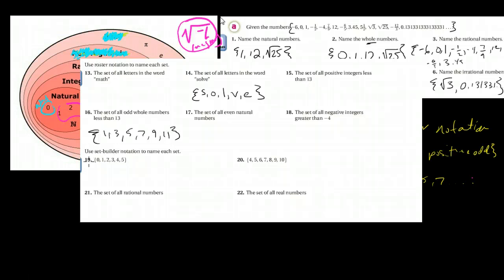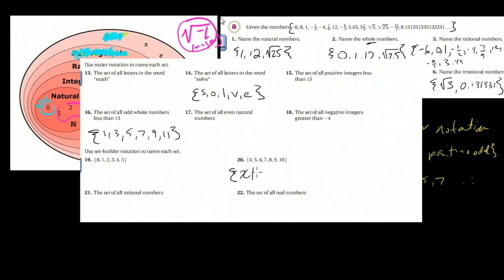Alright, now it's telling us to use set builder notation to name each set. So let's use set builder. And remember, set builder uses a squiggly line also, but it says the set of, we'll go ahead and say x here, such that, let's see, 4, 5, 6, 7, 8, 9, and 10.